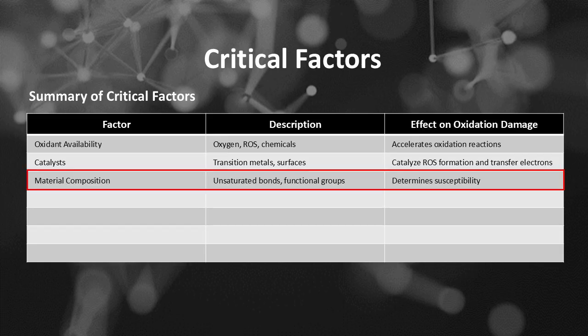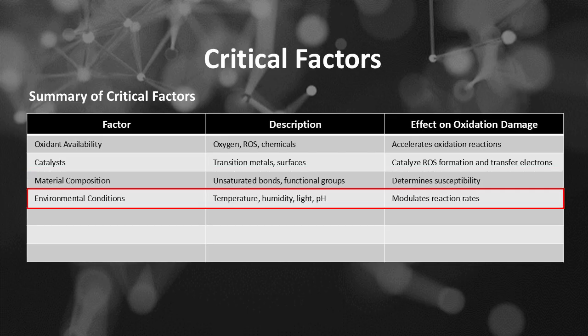When the critical factor is material composition, the description is unsaturated bonds and functional groups, and the effect on oxidation damage is that it determines susceptibility. When the critical factor is environmental conditions, the description is temperature, humidity, light, and pH, and the effect is that it modulates reaction rates.